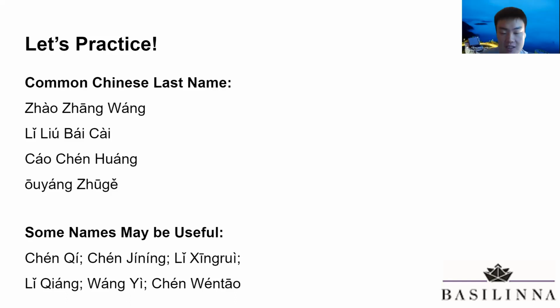Okay, and there are some names that may be useful. Let us practice that. First one, Chen Qi, and the abbreviation would be secure. Second one, Chen Jining. The third one, Li Xingrui. Next one, Li Qiang.